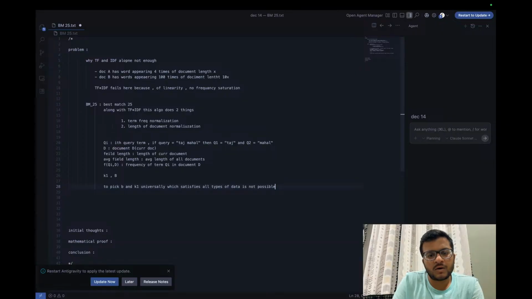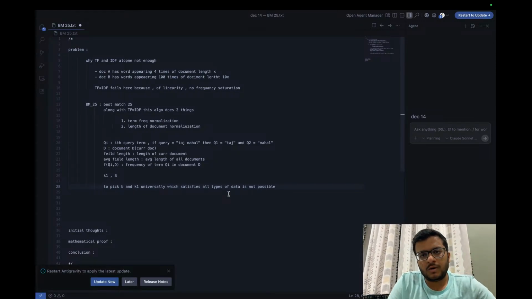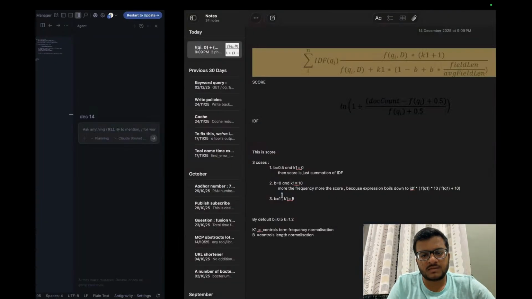Once you purchase an Elastic instance, and depending on the GB or disk space that you request, you will be charged based on that. They don't have any idea about your data, so they cannot select it for you. So you have to select based on your data, and this is what K1 and B mean.